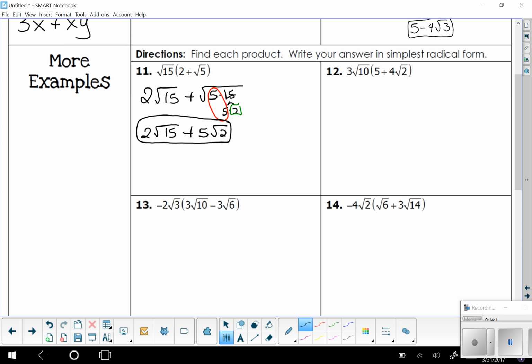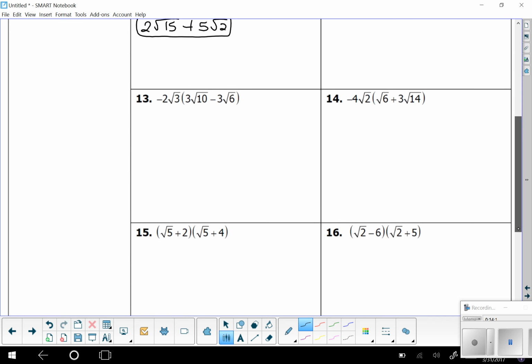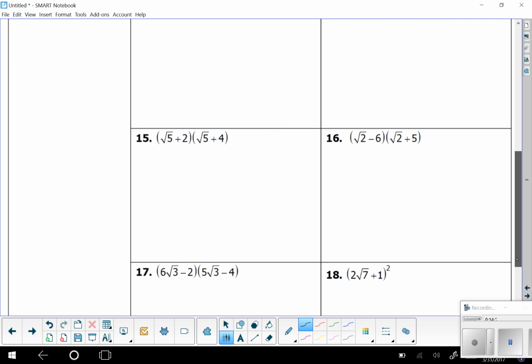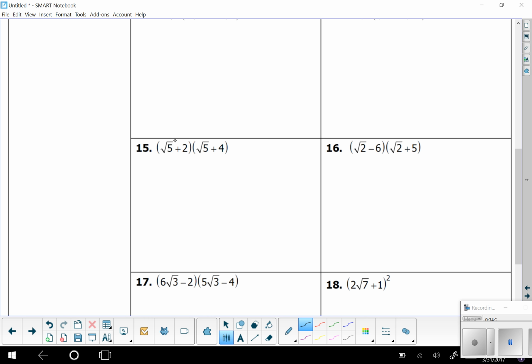Let's go down to 15. Let's do it this way.